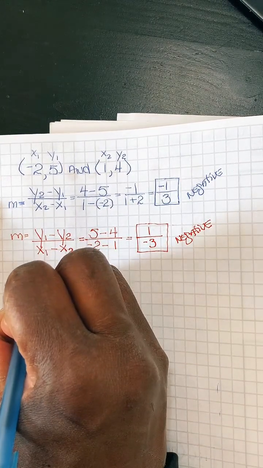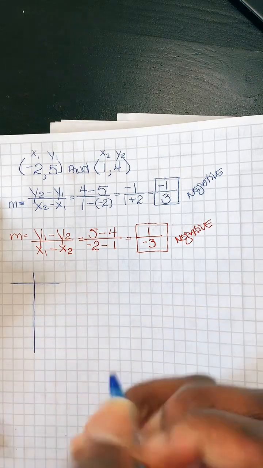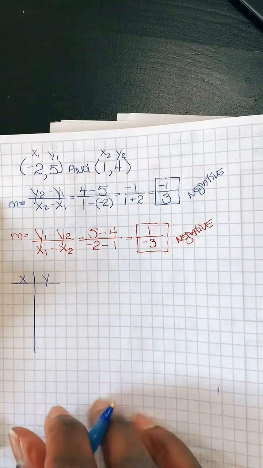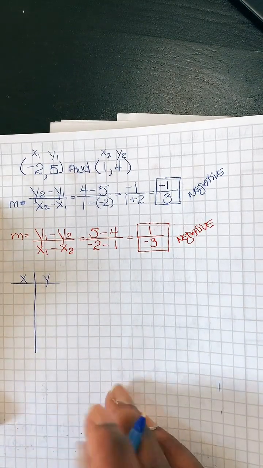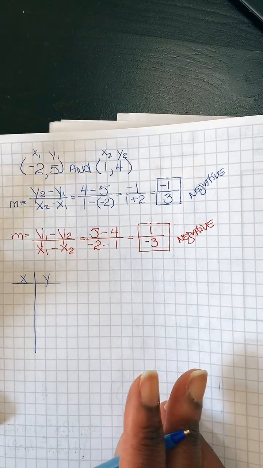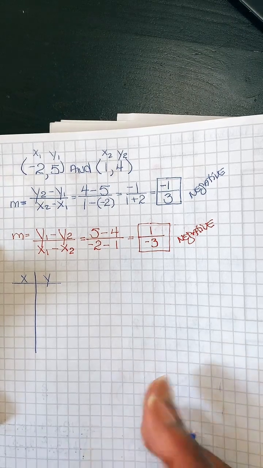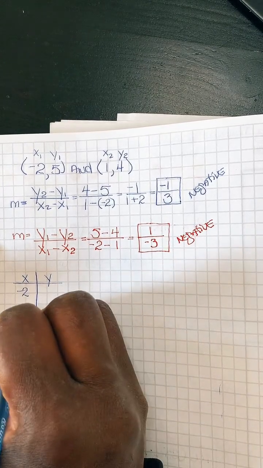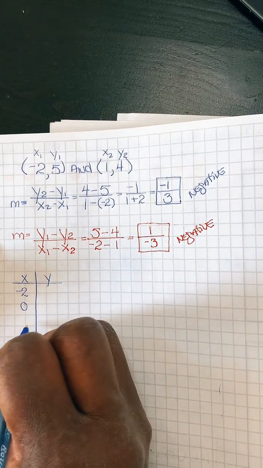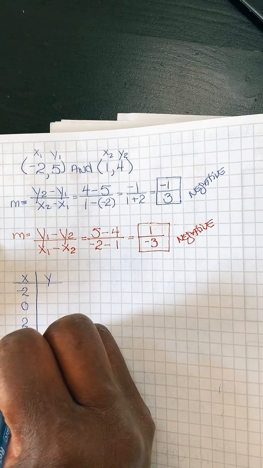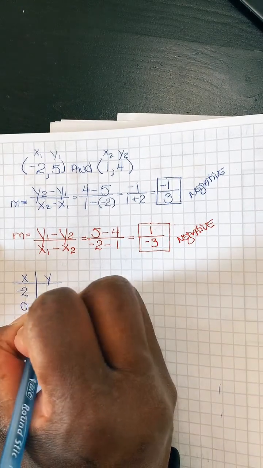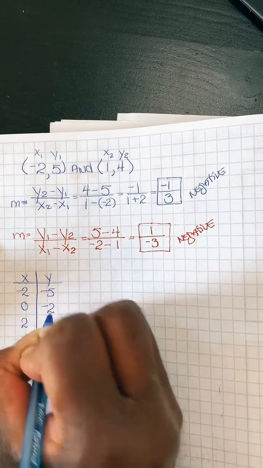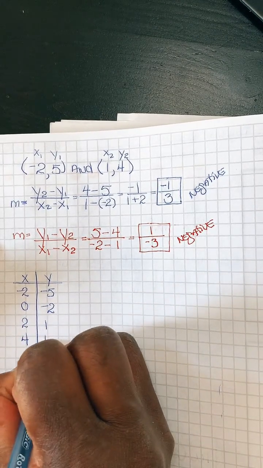So if I have a number line, and let's say I have x values of negative 2, 0, 2, and 4, and my y values are negative 5, negative 2, 1, and 4.